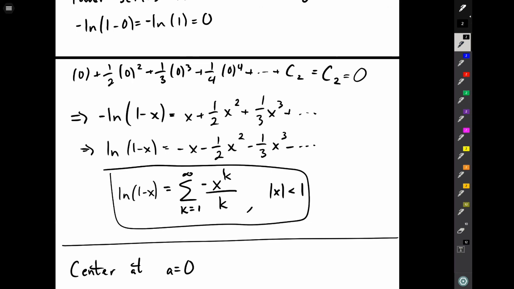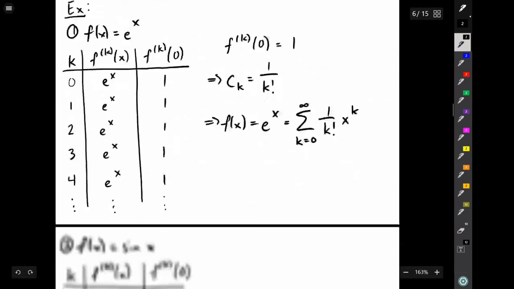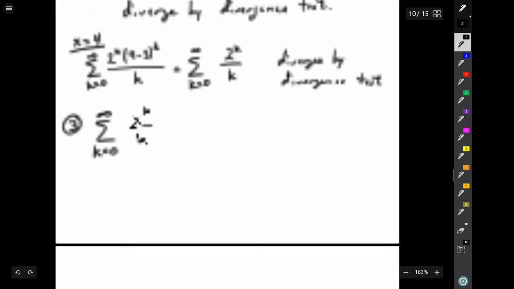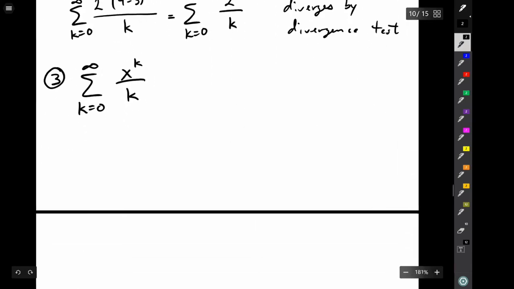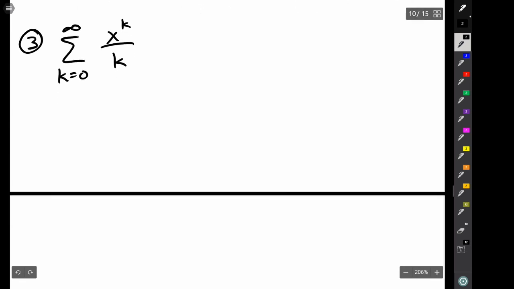Okay, this one here. Oh, sorry, negative here. So let's look at this series here. This is basically for ln of 1 minus x. I'm going to leave off the negative. It's not going to do anything interesting.